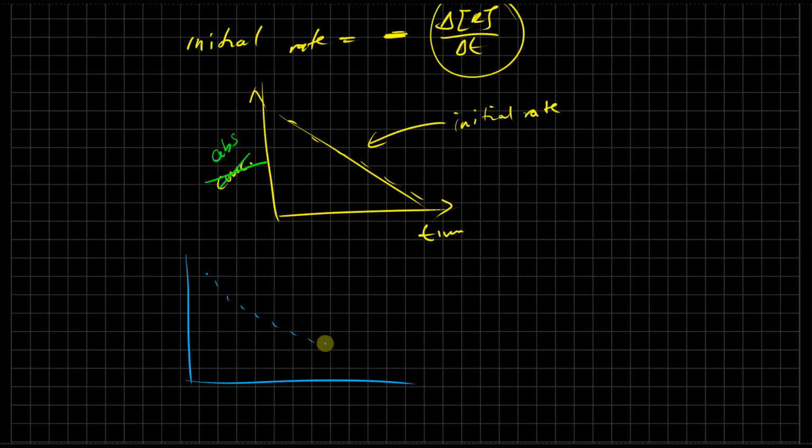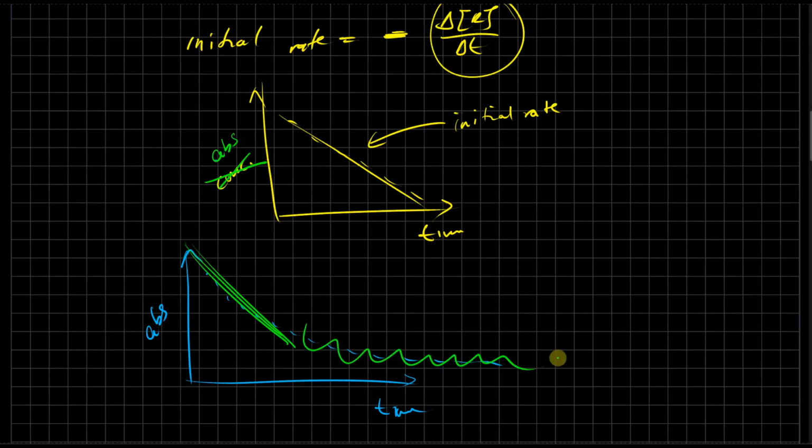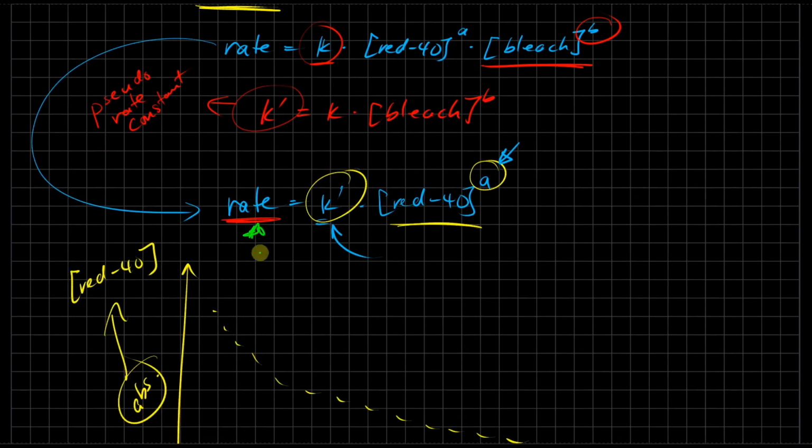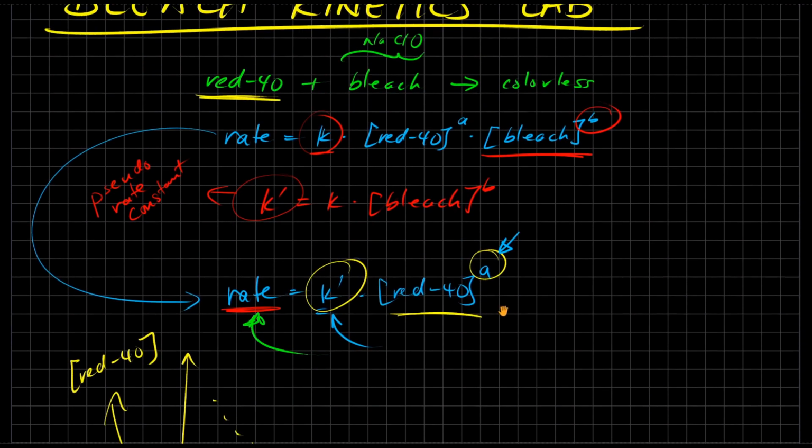So if your absorbance versus time plot looks something like this, we only need the slope of the initial part of that curve, so you can delete the rest of the data and just plot the initial few points to get the initial rate. So that's how we will get the initial rate, which we can plug into this equation, right?